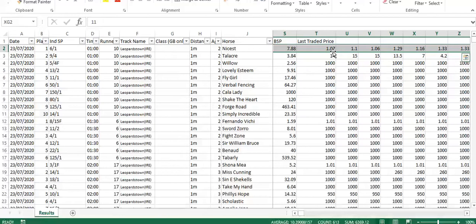So as I said about the last traded price, usually you would see this at 1.01 or 1000. 1.01 indicating where the horse won the race, 1000 where it didn't. In this instance, you can see the top two horses traded at the last price at 1.07 and 14 respectively. Now, in this instance, it'll be more than likely that this was a photo finish. So the market suspends when the race finishes, and that's where we take the last price.